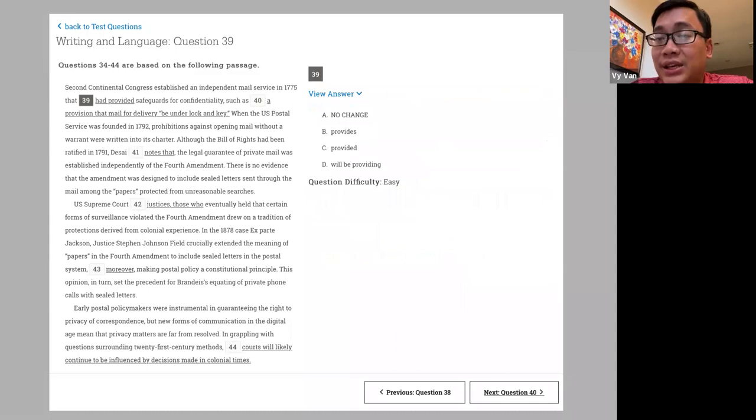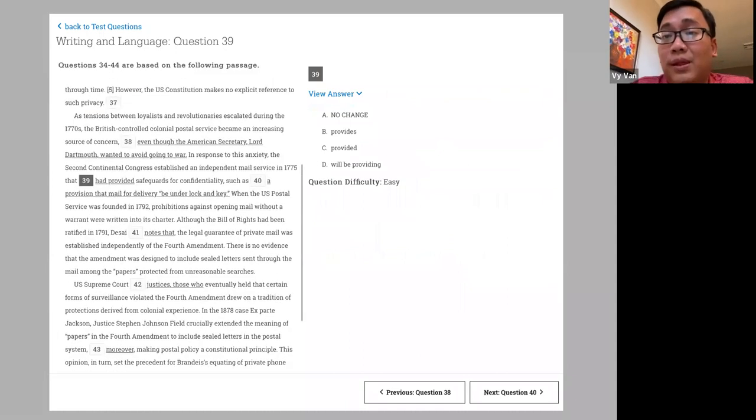Number 39 is a subject-verb agreement question. I tell all my students, before you do subject-verb agreement, identifying what is the subject and what is the verb, you want to look at the tense first to see if the tense agrees.